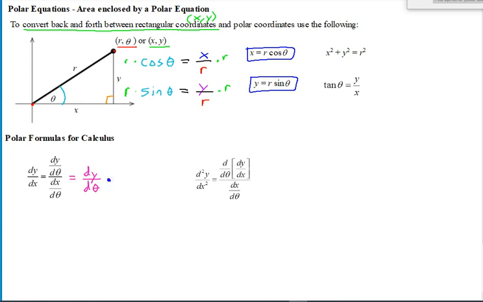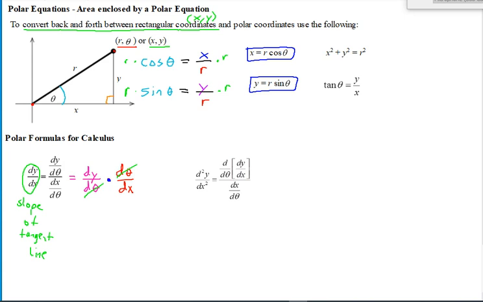So that's the same as d theta divided by dx. And then you can see the d theta is reduced out, giving you dy dx. And this dy dx still represents the slope of the tangent, just like it does for rectangular coordinates. It's just now you find it in a slightly different way because you have to find dy d theta and divide it by dx d theta.